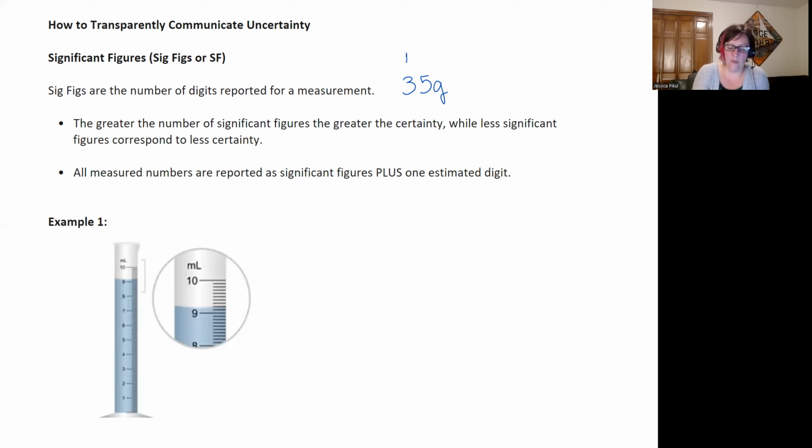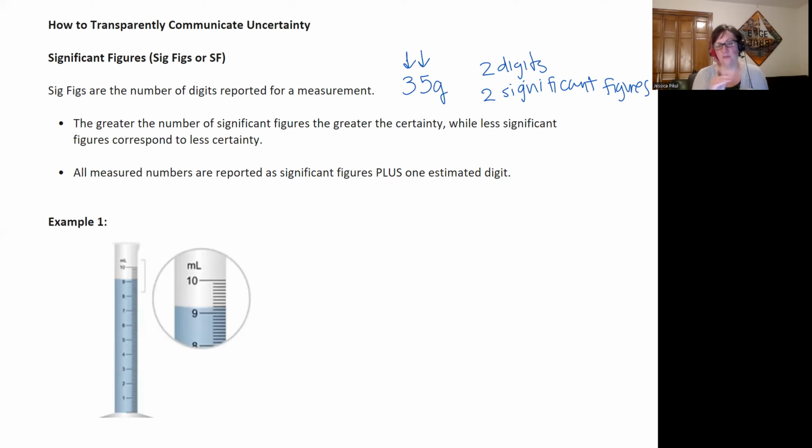I have 2 digits, so I have 2 significant figures in this number. This tells me in general how certain I was that the mass of the object I weighed really is 35.